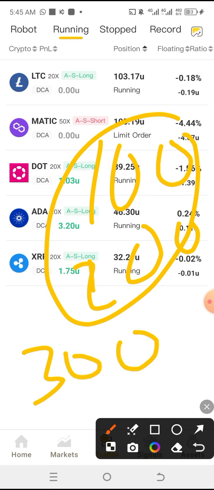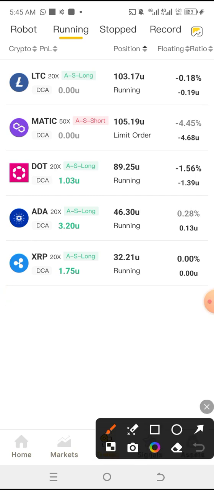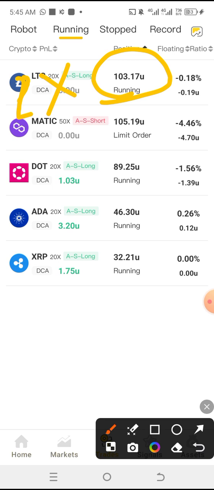That's where the problem is. This trade is already 2x per trade. That means you have probably $250 and you have designed $500 for your trade, and you now make each coin $100. That simply means each coin is trading times 2.